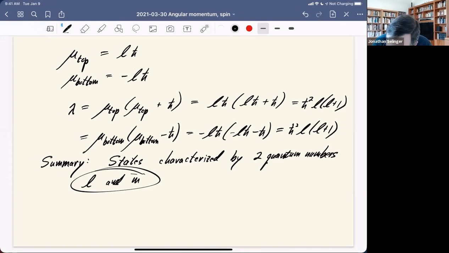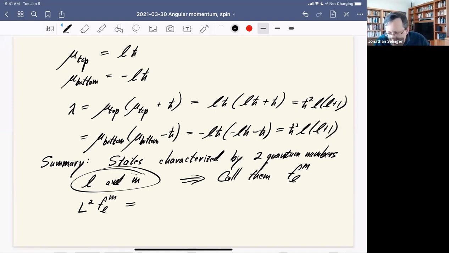So let's call them some function f subscript L superscript M. Whatever they are, that's a name for them. And then we know L squared acting on the state is equal to lambda times that state.